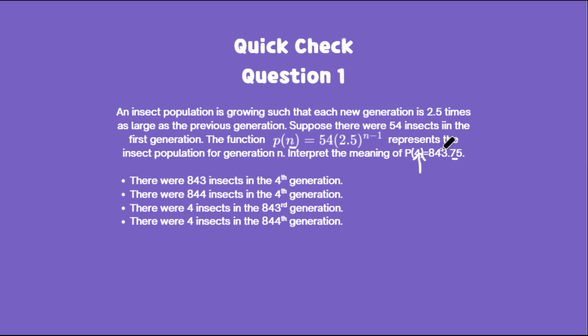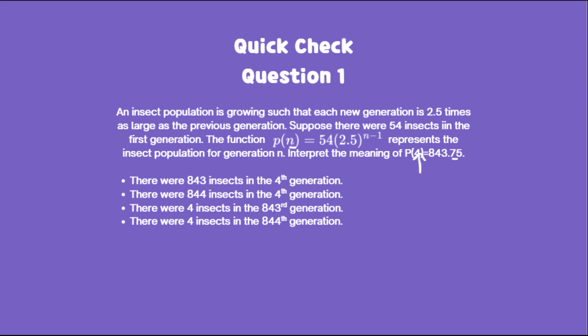If it's population, you don't have 844 bugs. You only have 843. And if it's generations, you can't say it's the 844th generation because it's not. It's the 843rd generation. So even though math rules say we would round this up, in this context, we would not. Okay, let's come back over here and see if I can figure out where I was.